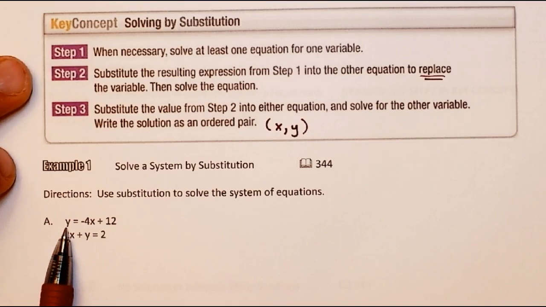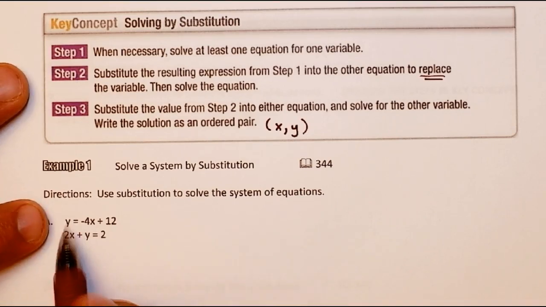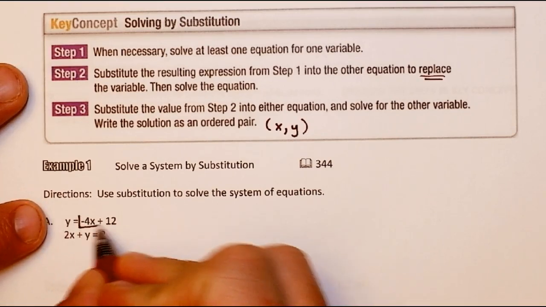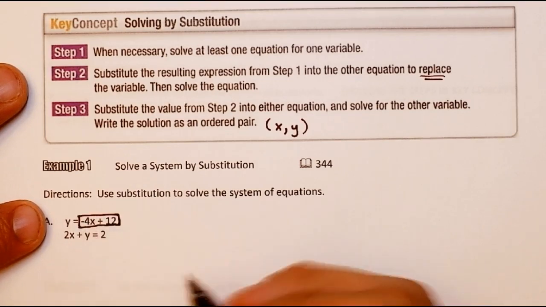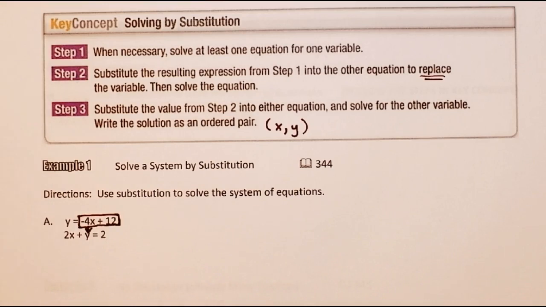Going off of step two, it says substitute the resulting expression from step one into the other equation to replace the variable. So I'm going to take what y is equal to in the first equation, which is negative 4x plus 12, and I'm going to put it in place of that y.